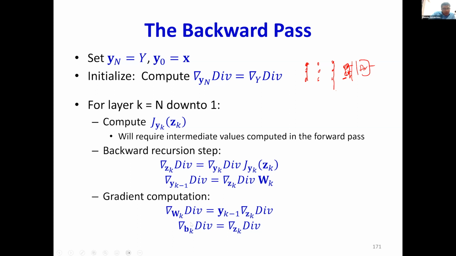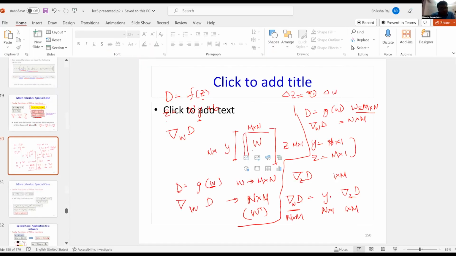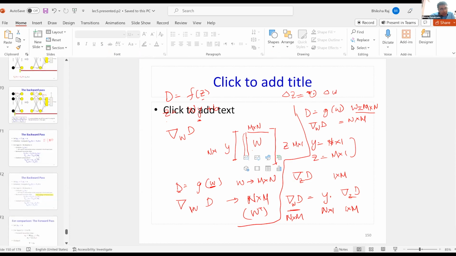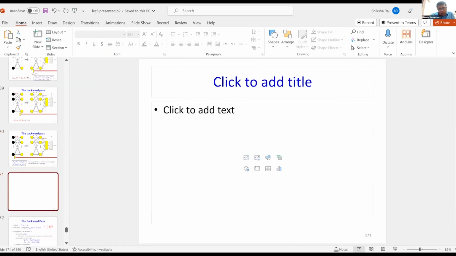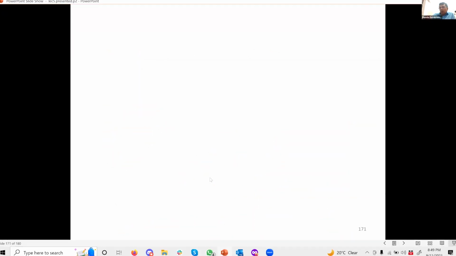Now, this equation, this figure, looks a lot more complex than it needs to be, because once I begin thinking in terms of influence diagrams and derivatives, the first thing I can say is there are two simple rules.